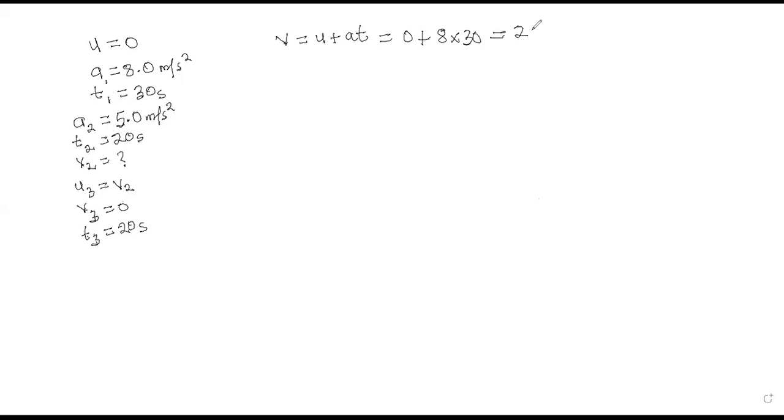And so the body accelerates to a final velocity of 240. Then during the second part of the motion, the body reduced speed by this.